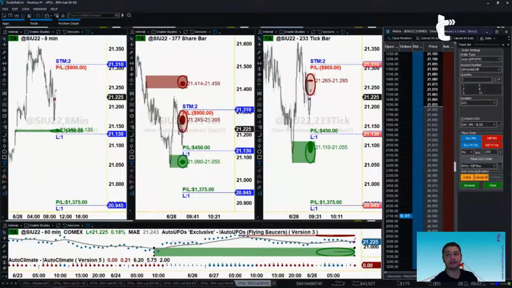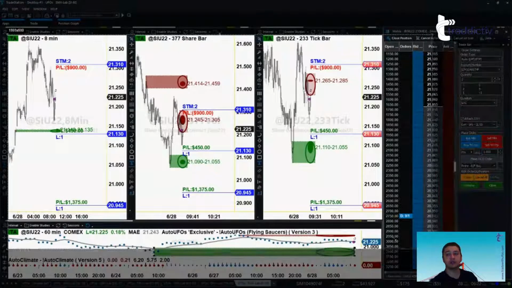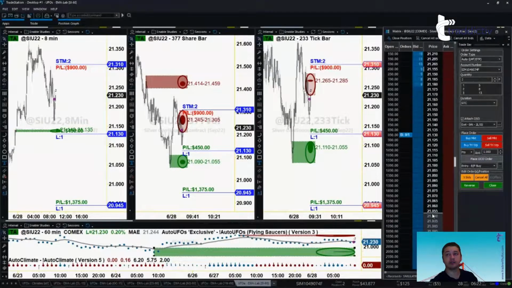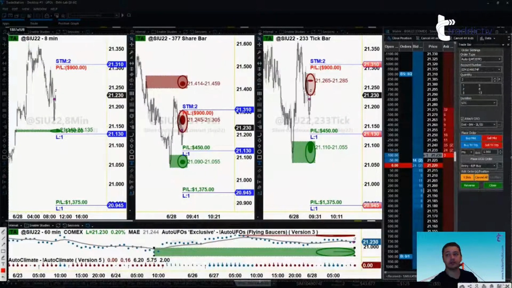Okay, so that would be the silver trade. Let's set it up. Actually, let's do that. Save 2022, 0628. This is silver 60-minute setup.